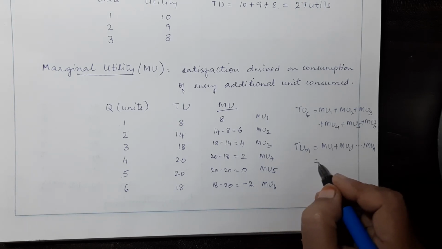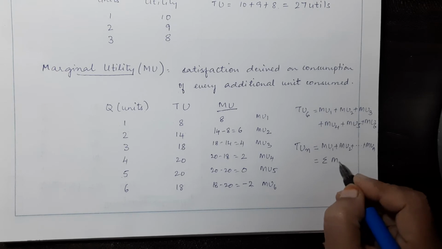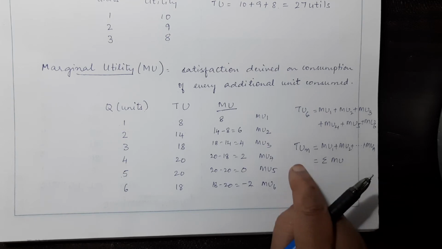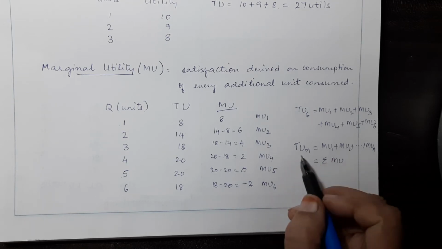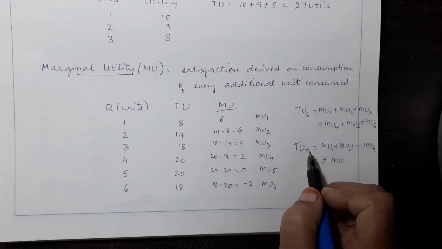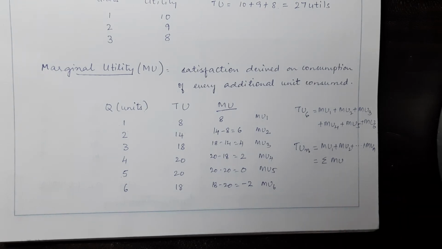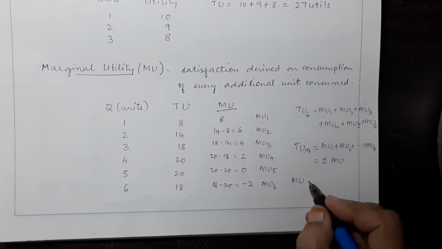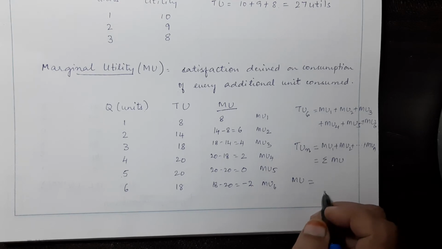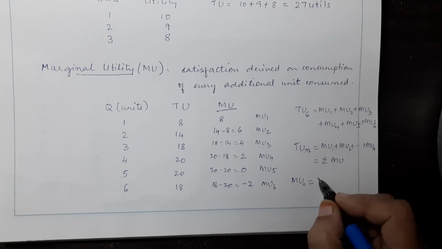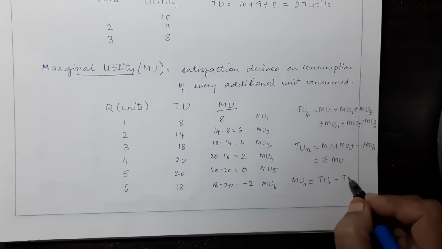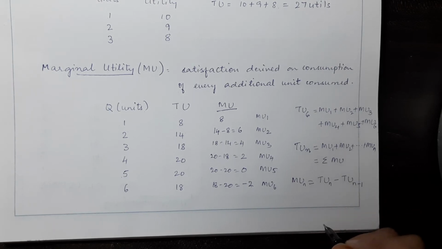Okay, this can otherwise be written as sigma MU. That means all the marginal utilities add up to give this total utility of n units that are consumed. On the other hand, marginal utility of the nth unit will be given by the total utility of nth unit minus total utility of n minus 1th unit.